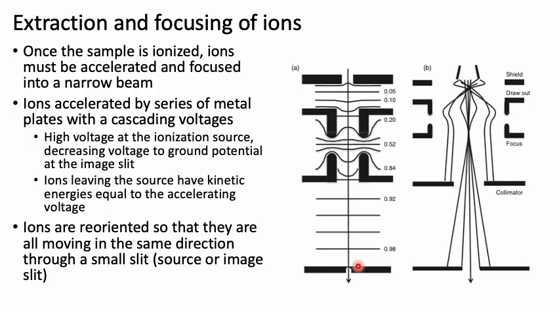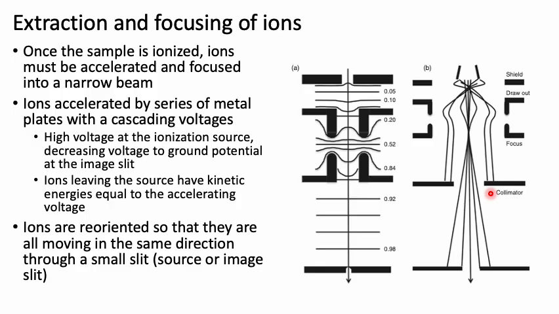The ions leaving the source have a kinetic energy that is equal to the accelerating voltage. Because we apply a certain accelerating voltage, we can then calculate the kinetic energy and the velocity of the outgoing ions, which is actually a big part of your homework. What we're seeing here is the actual path that the ions take.